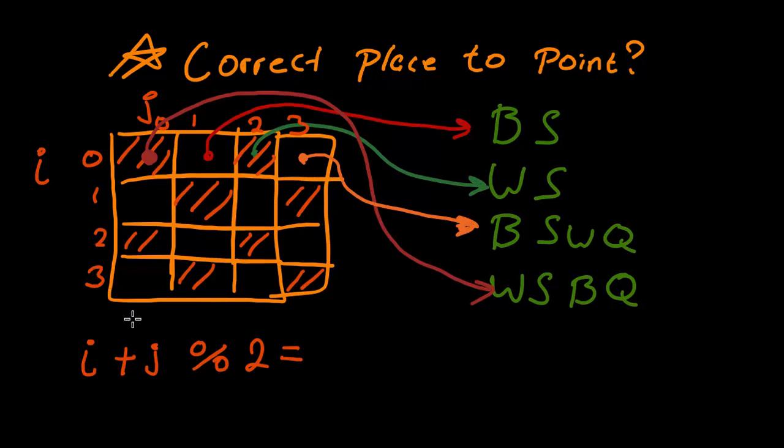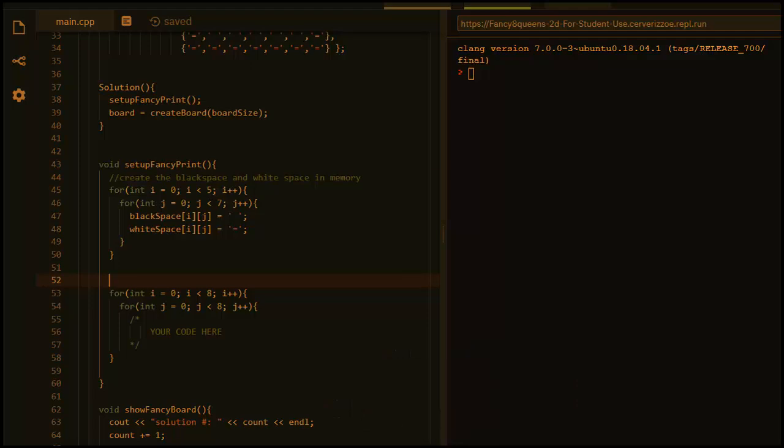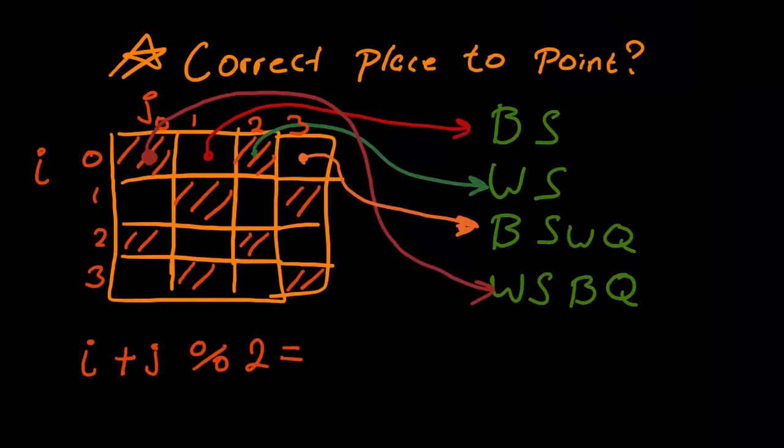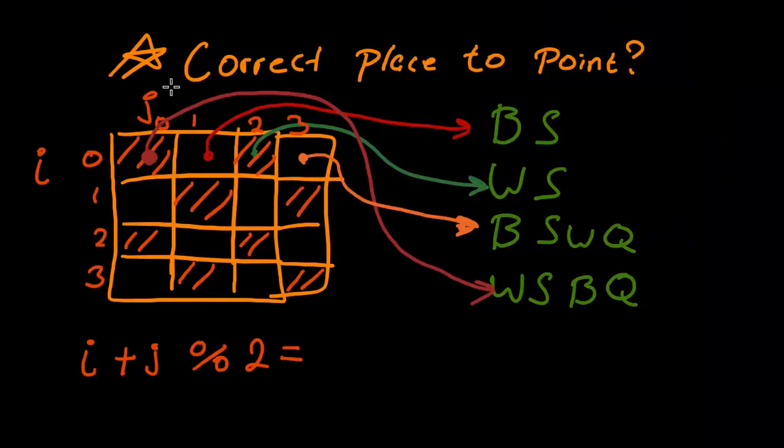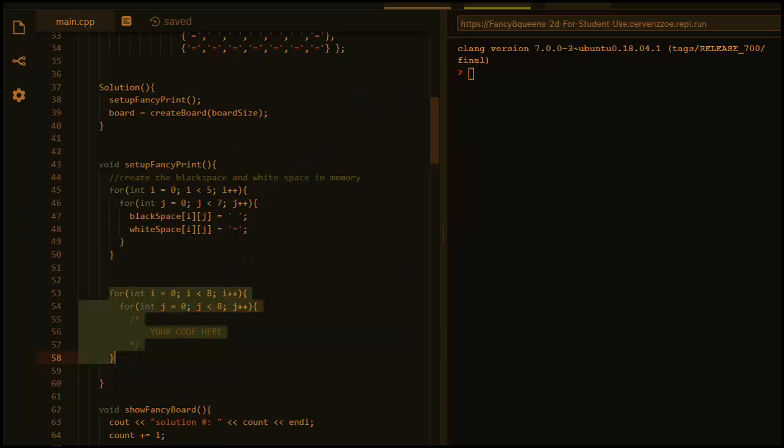So before we move on to the next big part of our program, I just want to move over to the code and show you what exactly it is you're going to be doing for this part. So this is our double for loop, like we were saying before. I's are going to be our rows, J's are going to be our columns, just like how we said before. This is where we're going to be setting up the black and white board, where it's just going to be all black spaces and white spaces.